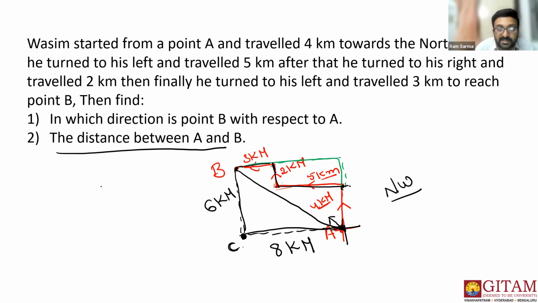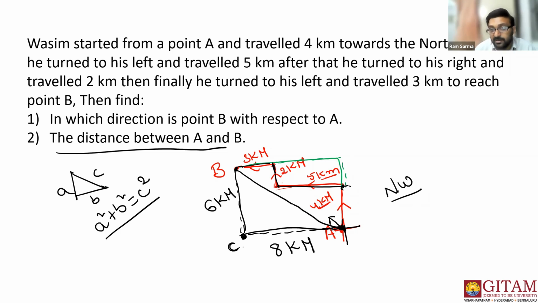Now, in a right angle triangle, if ABC are the three sides, based on Pythagoras theorem, we can say that A square plus B square is equal to C square. We are going to apply the same thing here. So, the length of BA will be root over 6 square plus 8 square. That gives you 10.